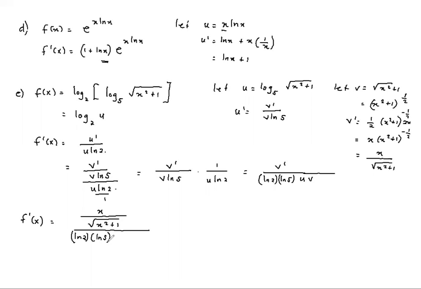Which one do we start with, u or v? Okay, let's start with v. So v is the square root of x squared plus 1. And then u, that is log base 5 of the square root of x squared plus 1. So this becomes our solution.